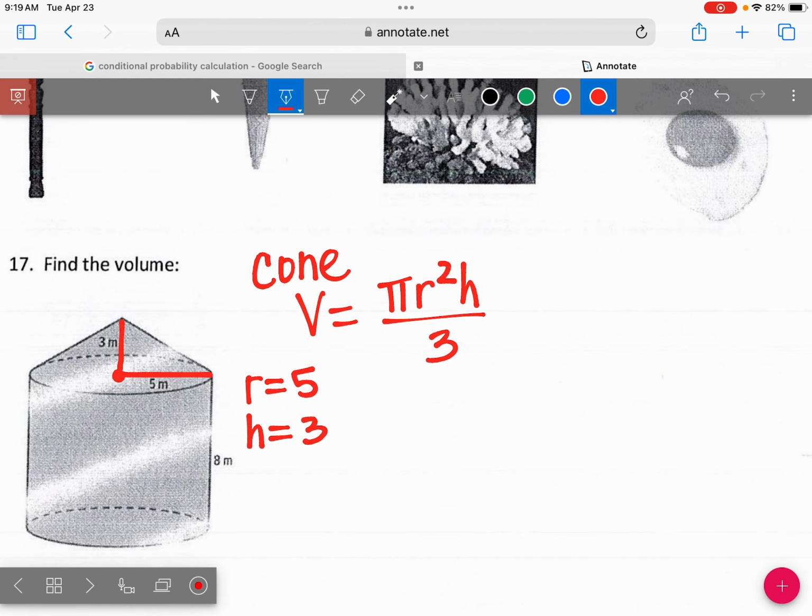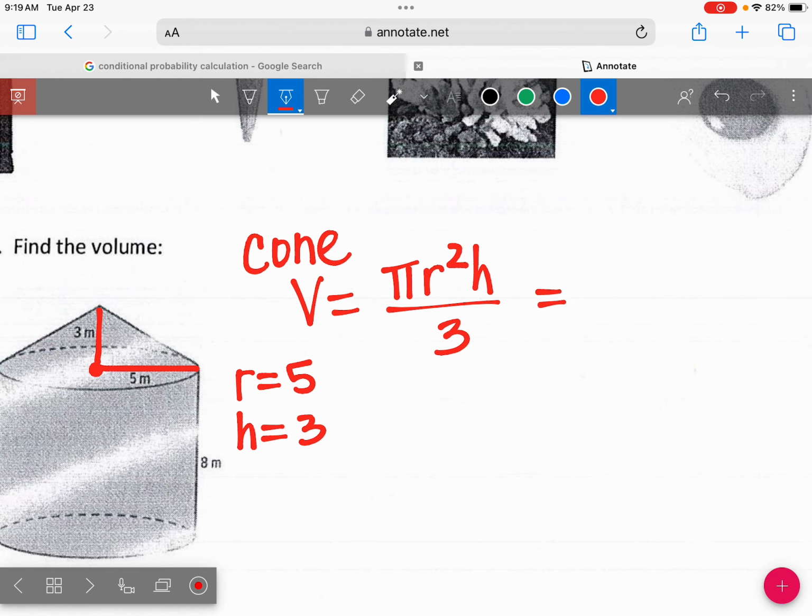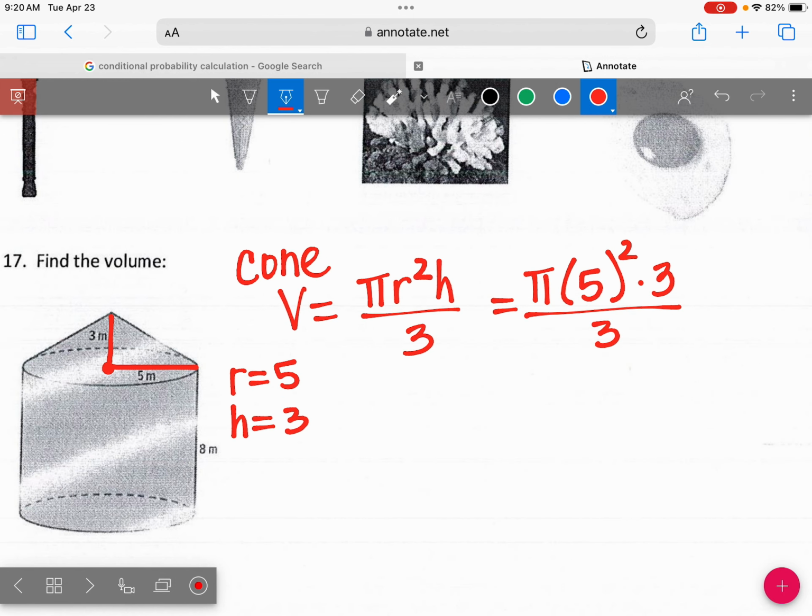So in your calculator, go ahead and type this in. Pi 5 squared times 3 over 3. Go ahead, type that in.